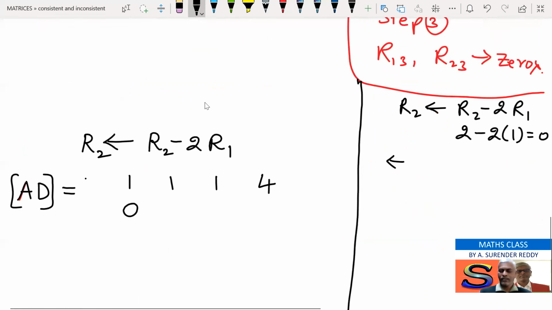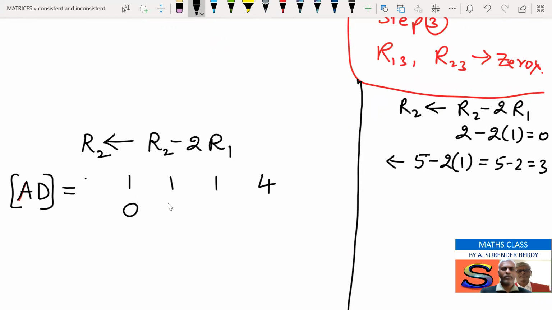Take 5, 1 and substitute in this formula. In place of R2, 5, and 2 into R1 is 1. So that is equal to 5 minus 2, is equal to 3. So the second element becomes 3 by applying this formula.